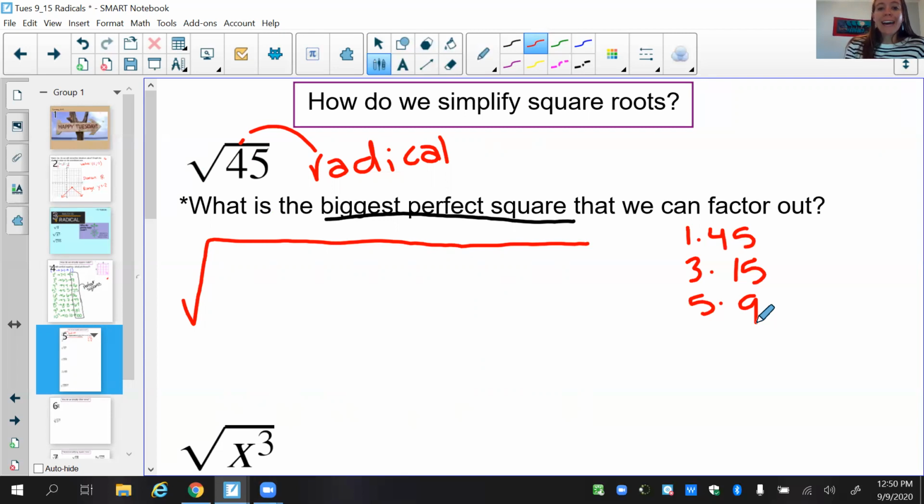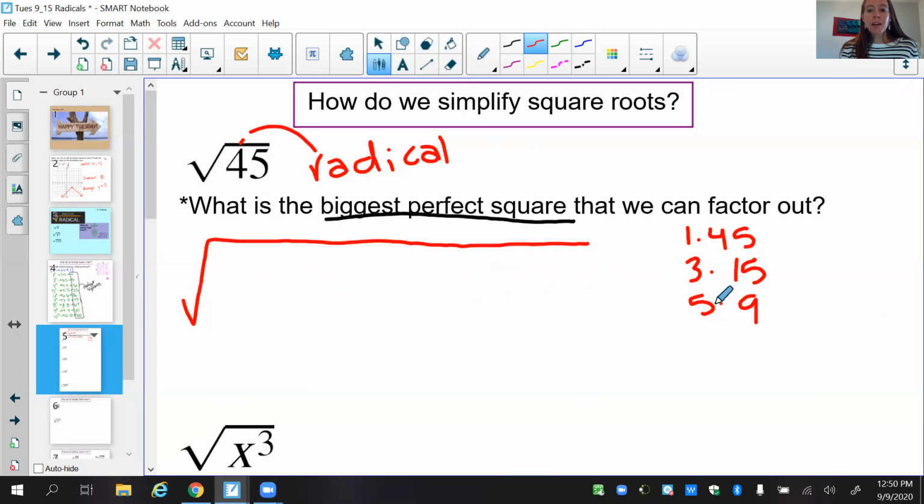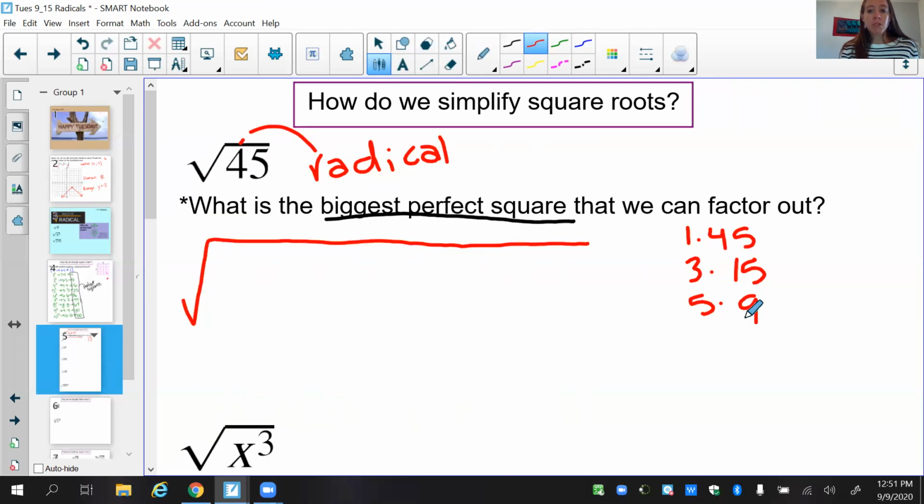Which one of those has a perfect square in it? So you look back at your list and say, okay, 4 is a perfect square, but 4 is not in my list. Okay, 9 is a perfect square. Is 9 in my list? Yep, it sure is. Is 15 in my list? Nope. Is 45 in my list? Nope.